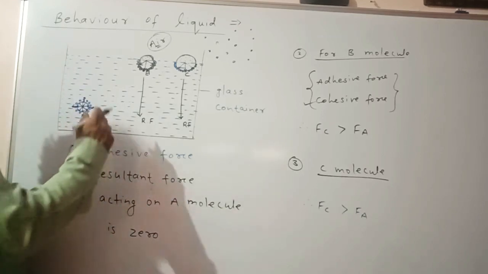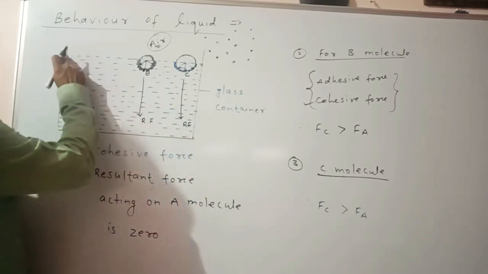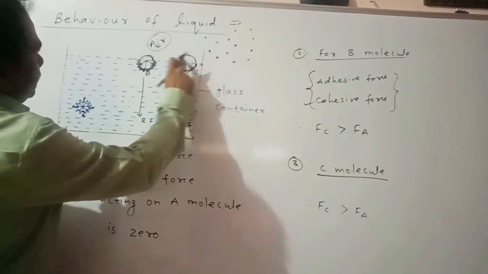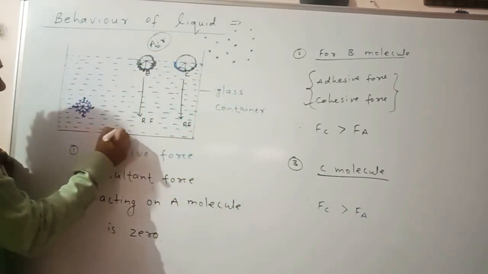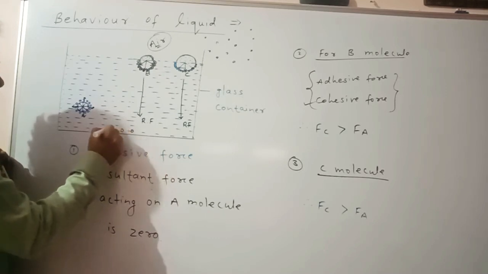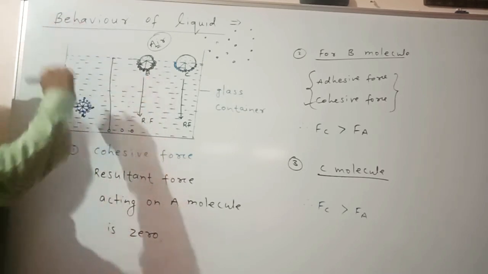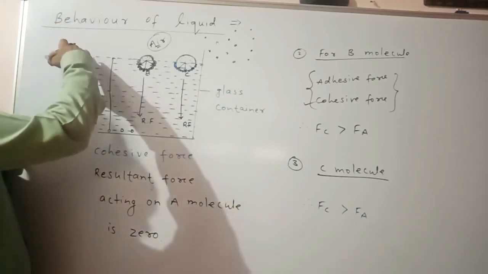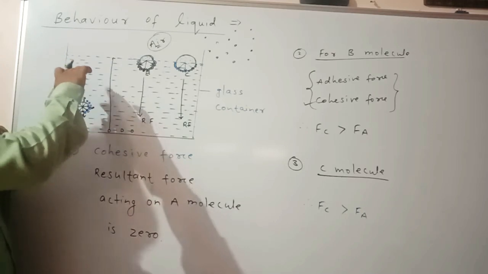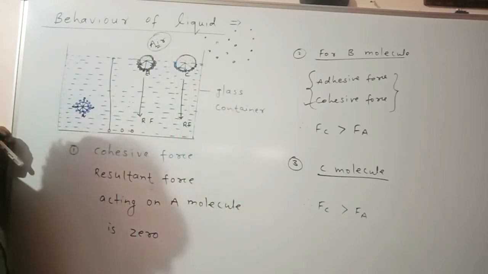Now see here, if we want to increase the surface area of the liquid, then we have to bring the water molecules in an upward direction. Due to this, the potential energy, or we can say the surface area of water, increases.